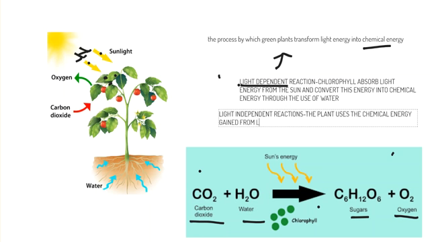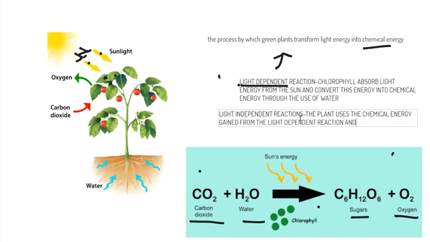In the light-dependent reaction, the plant converts light energy to chemical energy. After this, in the light-independent reactions, in the process of photosynthesis, the plant will use the chemical energy gained from the light-dependent reaction.